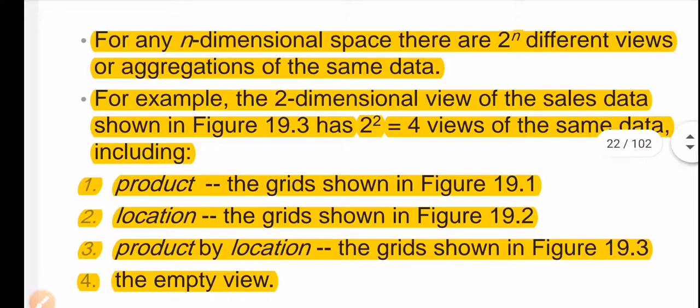For example, we have product and location. So we have a view for product, a view for location, a view for product and location, and then one empty view. Let's say we have three dimensions: product, location, and time. Then how many different views will we have? It will be 2 to the power 3, which is 8.